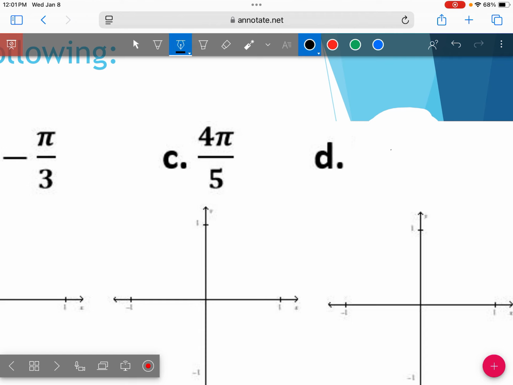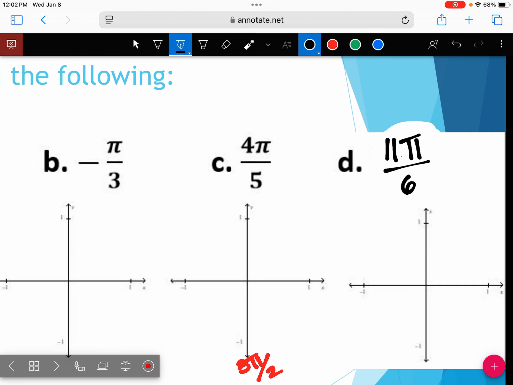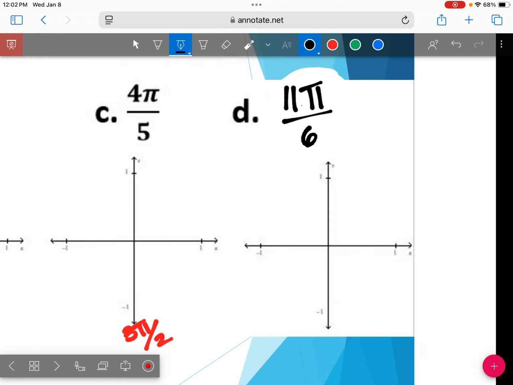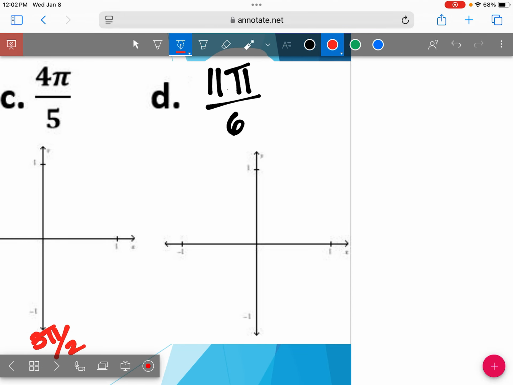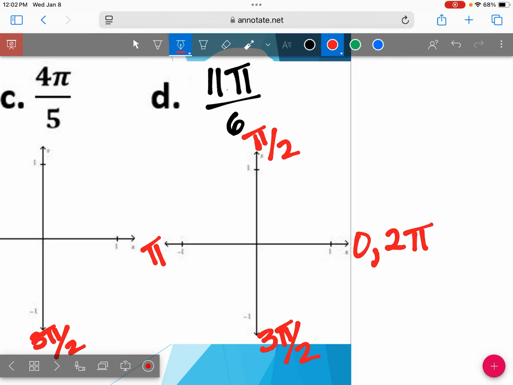Positive 11 pi over 6. Show me with your fingers. What quadrant do you think we're going to fall in? 11 pi over 6. I got about 3 or 4 people.